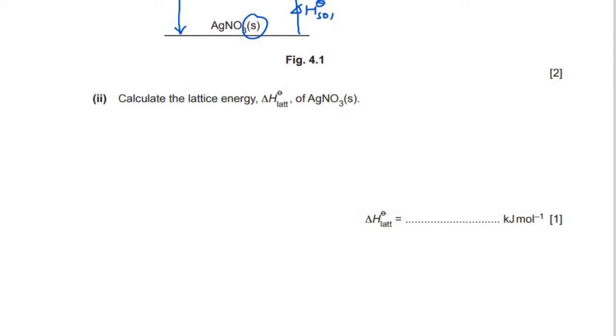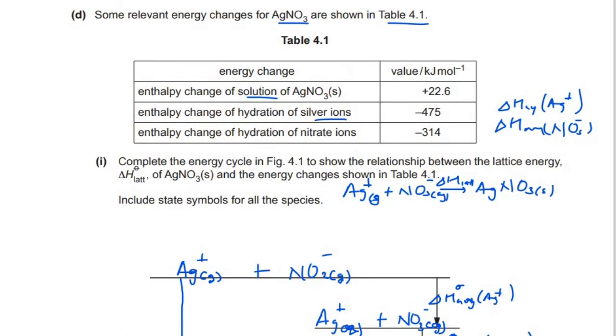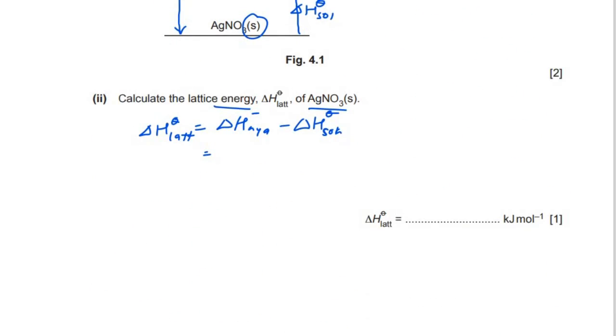Next part is calculate the lattice energy of AgNO3. So in that case, if we want to find out enthalpy change of lattice, we have to write it as enthalpy change of hydration minus enthalpy change of solution. That's how we can rearrange the equation and write it this way. And so hydration values, we can see that it is minus 475 and minus 314.